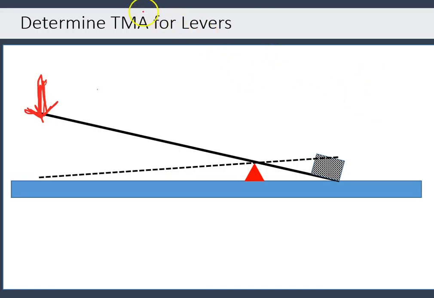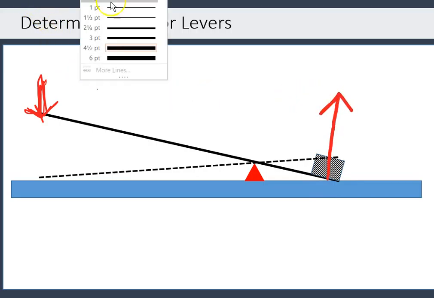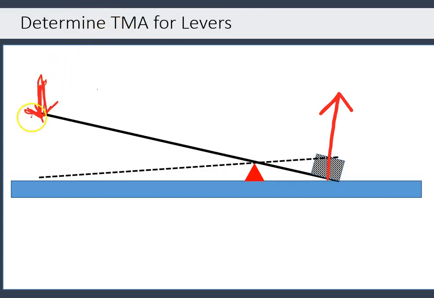Okay, and actually what I need to do is learn how to use the thickness, and you're going to get a big force. I think that's a lot better there. Okay, now the way that you've learned to do it would be to measure this distance, that's D in, and then you would divide it by this, which is D out.